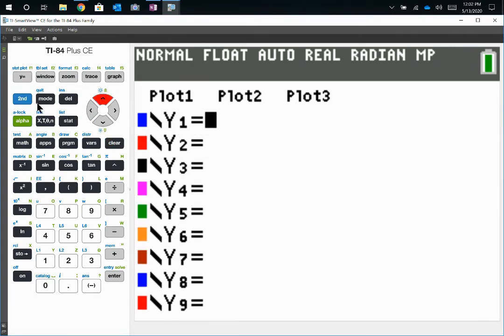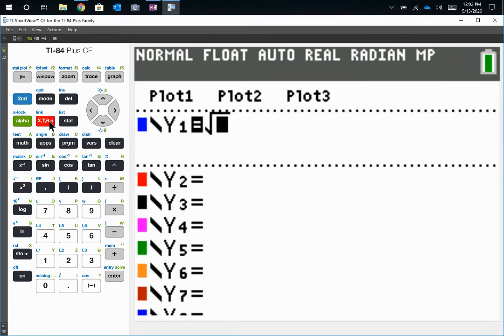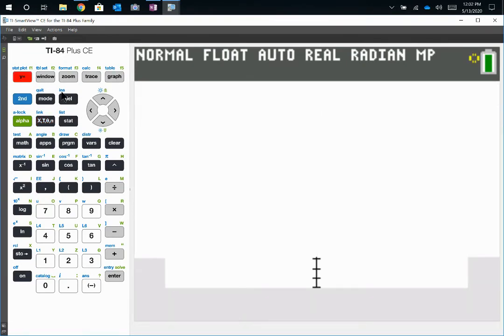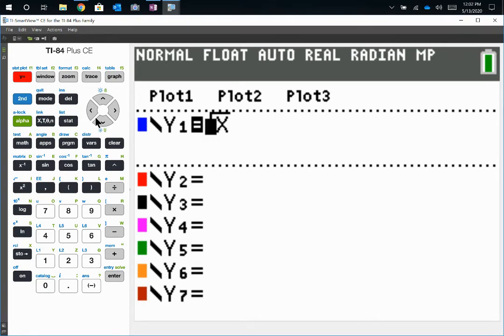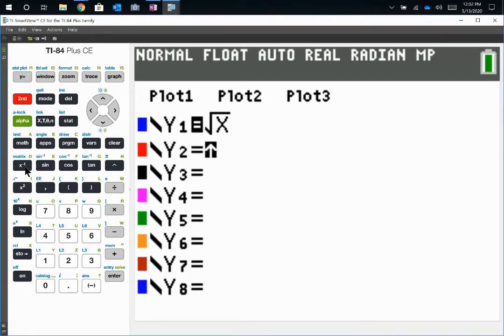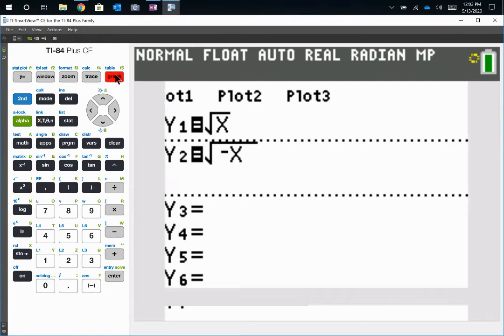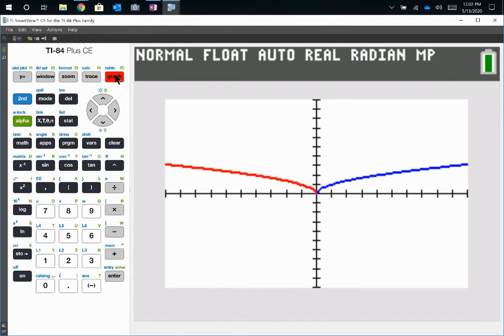So original function, square root of x, looks like this. And if I were to change my function by putting a negative sign in front of the x, look what happens to the graph. It's reflected on the x-axis, okay? And it has become the negative of the square root of x.